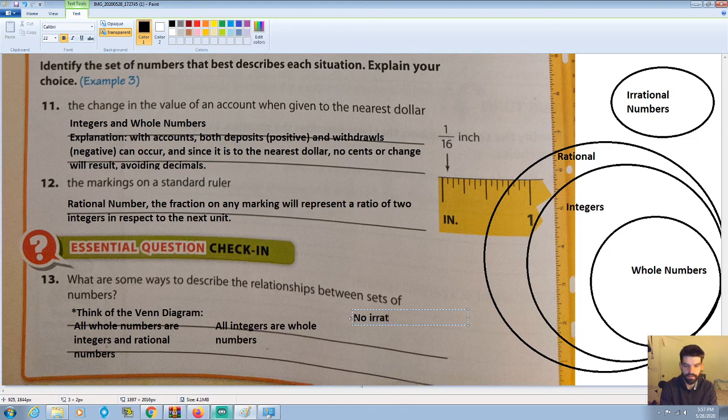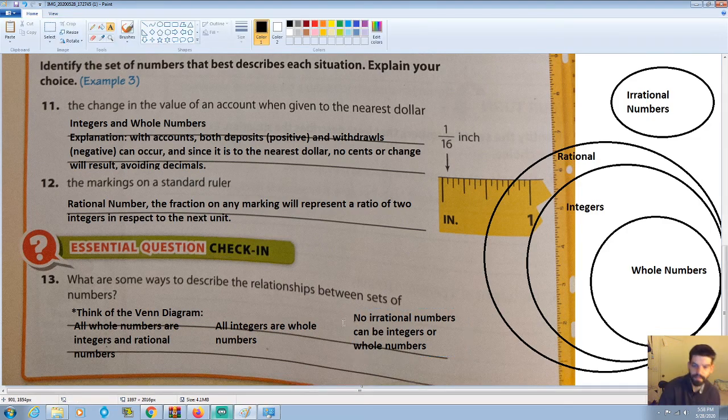No irrational numbers can be integers or whole numbers. And the reason for that is because they can't be rational either, so that automatically knocks them out of being possibly integers or whole numbers. Okay, so those are a couple of the relationships that we can look at here.